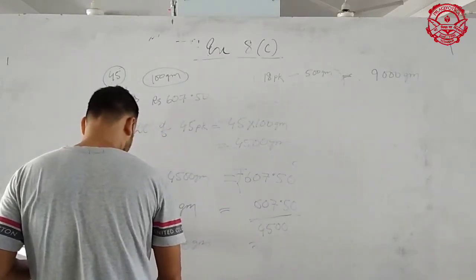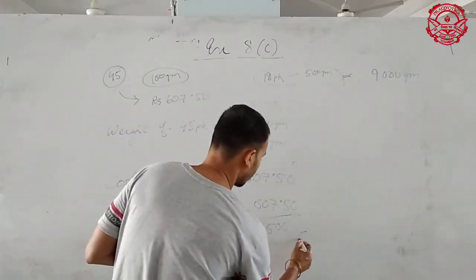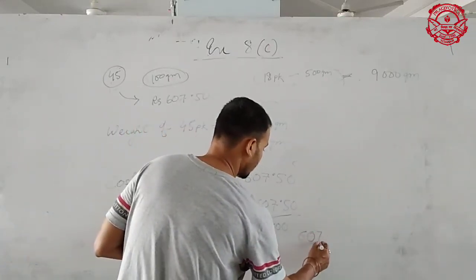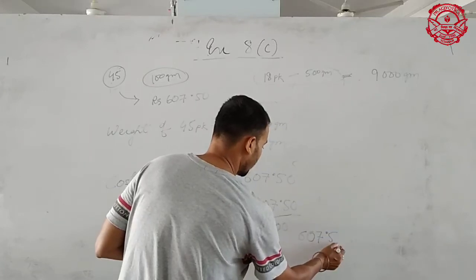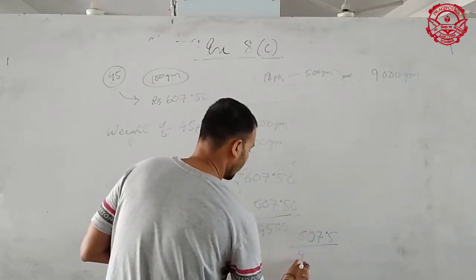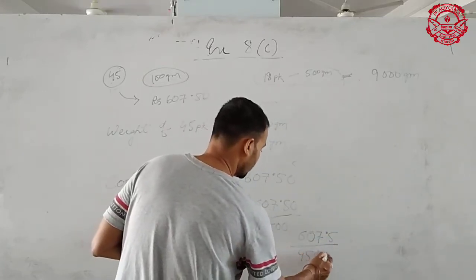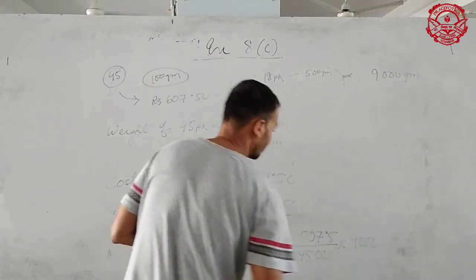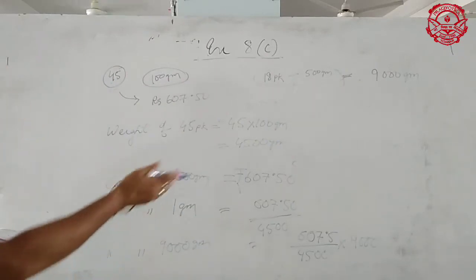The markers are not working. 607.5 divided by 4500 into 9000. So that will be 2.